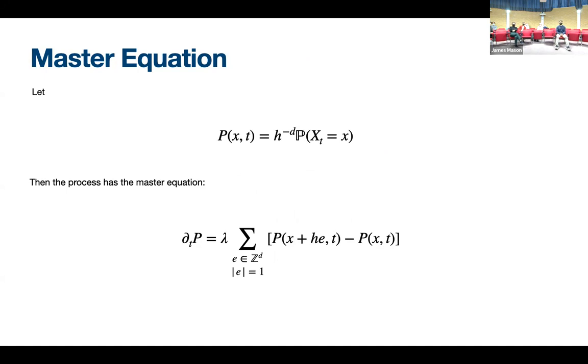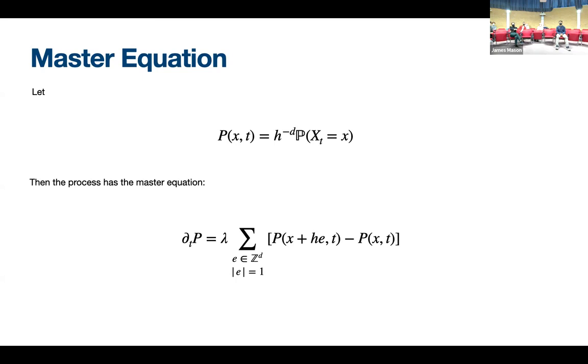First of all, we look at the probability density. Here the factor of h^d accounts for the probability that you find a particle at the site, as we let h get smaller and smaller. So for this quantity to make sense as we take h to 0, we look at the probability density.